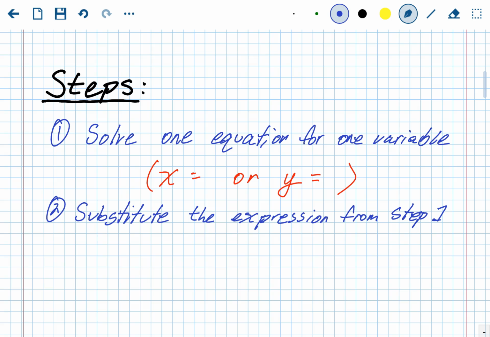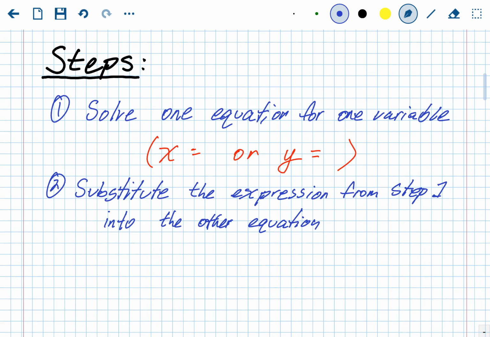So you're going to be working, step one, you're working with the top equation or the bottom equation. Whichever equation you didn't use is what you're going to be plugging into. So substitute the expression from step one into the other equation. Alright, step three. Step three is you're going to have one equation now with only one variable.